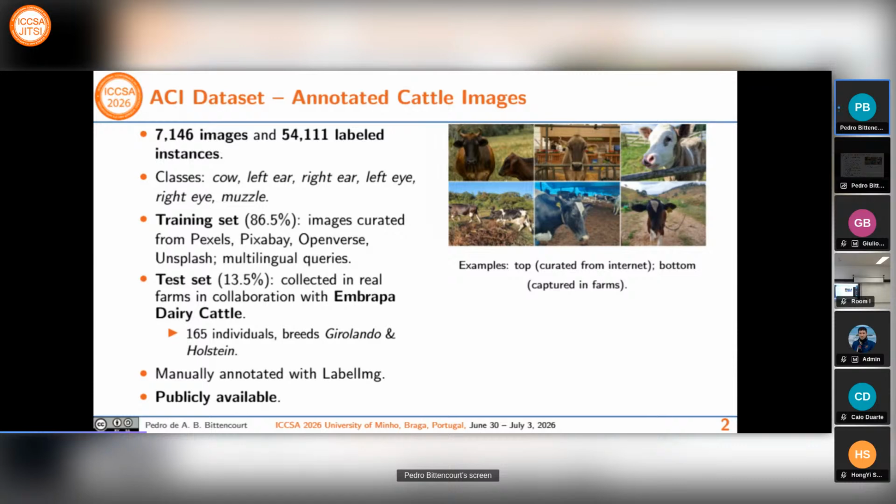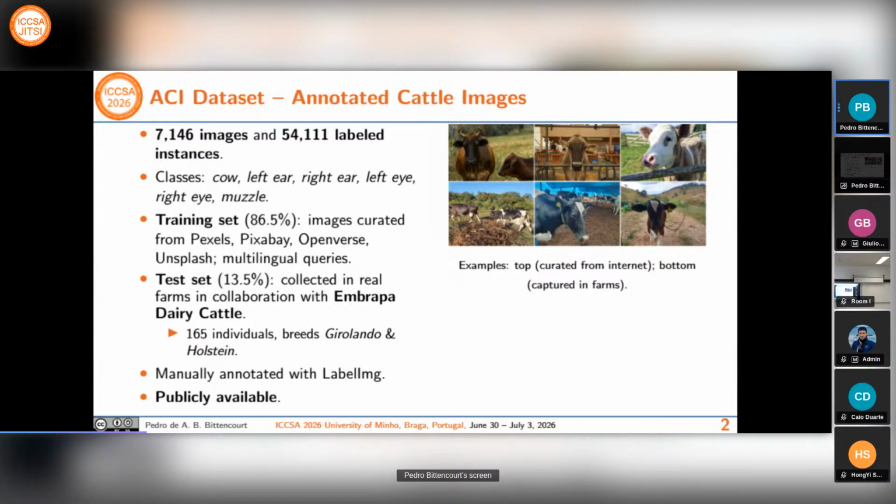The training set, which represents about 86.5% of the data, was built from images curated from open access platforms like Pexels, Pixabay, Openverse, and Unsplash using multilingual search queries in Portuguese, Spanish, and English.